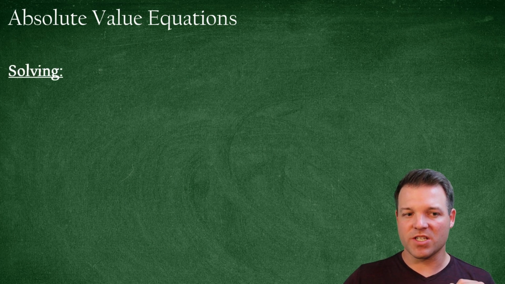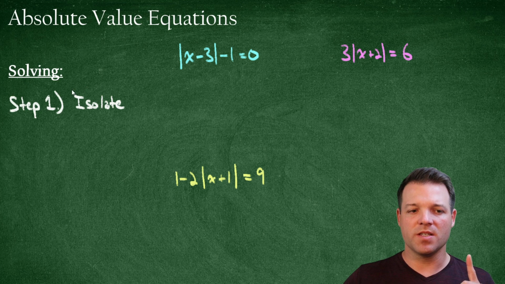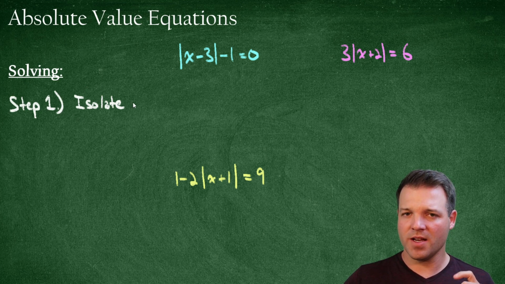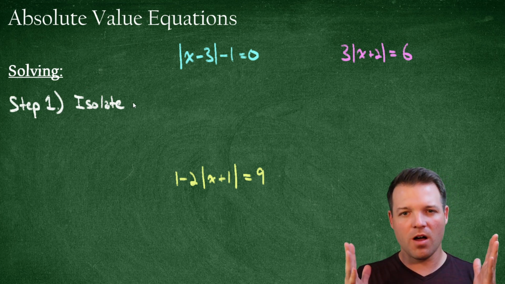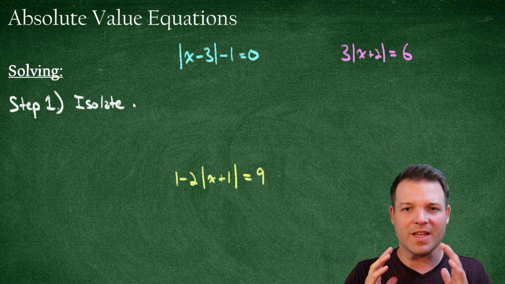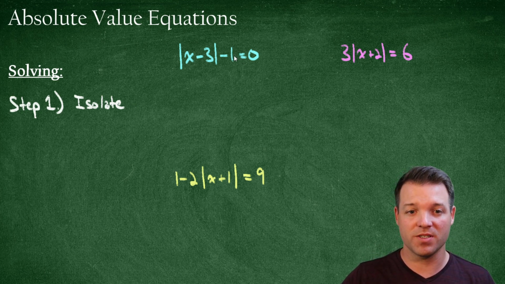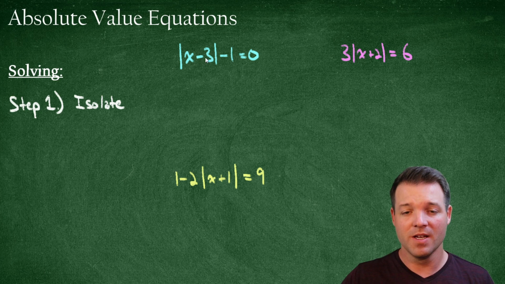Let's talk about solving. Okay, so step one is always going to be to isolate. All right, and actually that's how pretty much all of math goes. Okay, so whenever you have any type of complication, something that looks difficult in a math equation, in this particular case I've got 3 examples here, and that difficult thing is the absolute value.